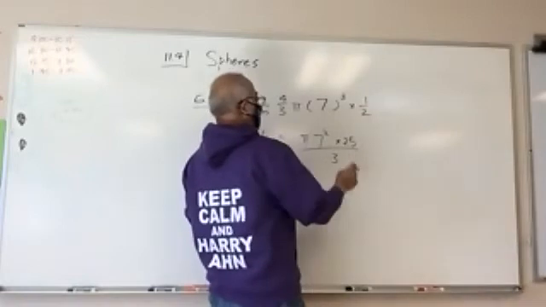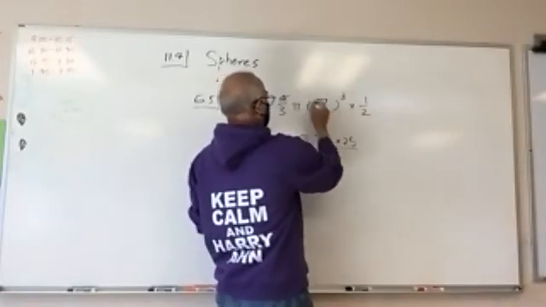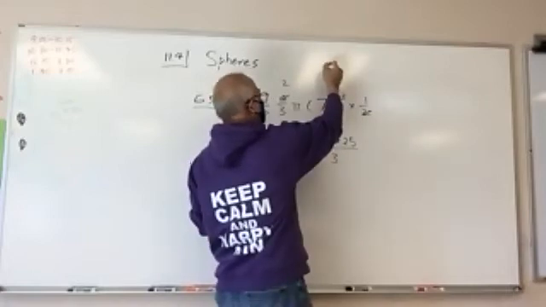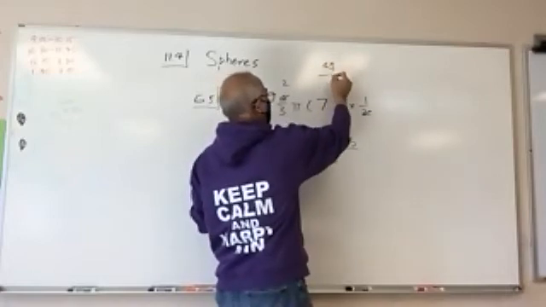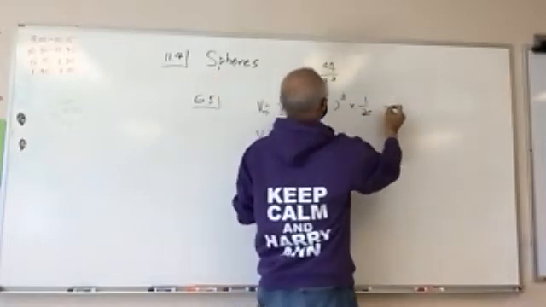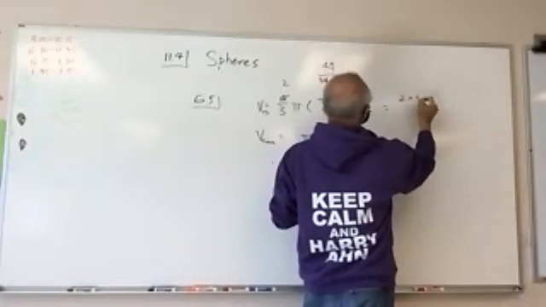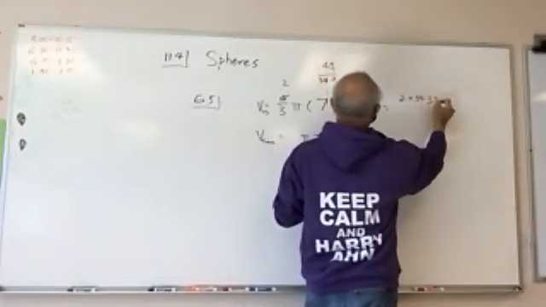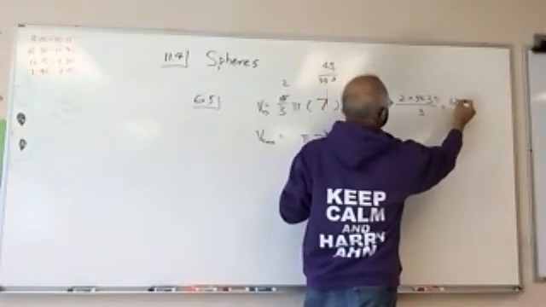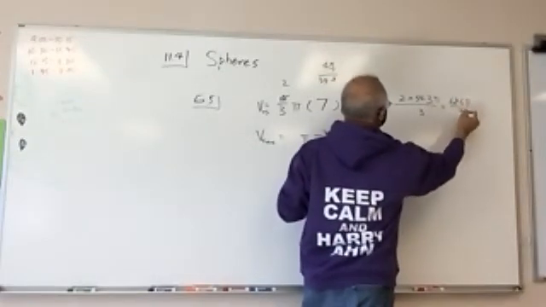I guess we should do this. 2 times 7 times 7 times 7 is 686. 686 pi divided by 3.